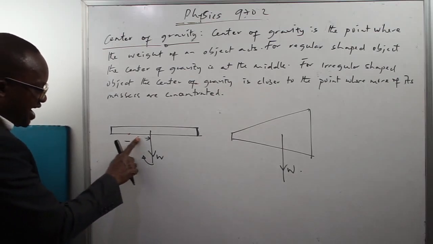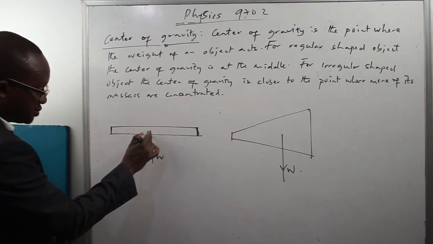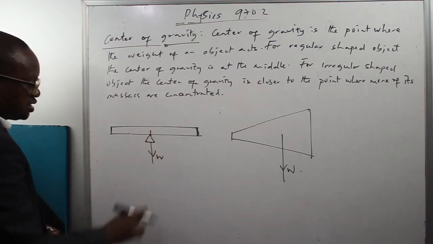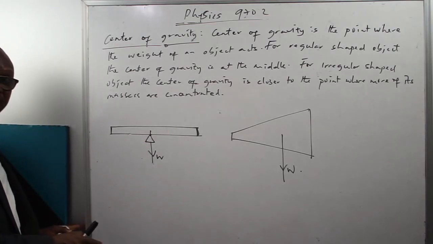If I then decide to move the pivot here, then the weight of this object will not produce any moment about the pivot.